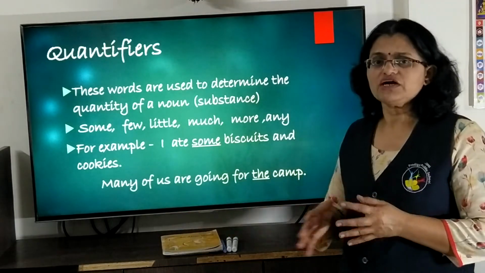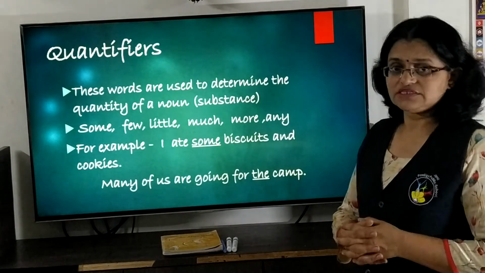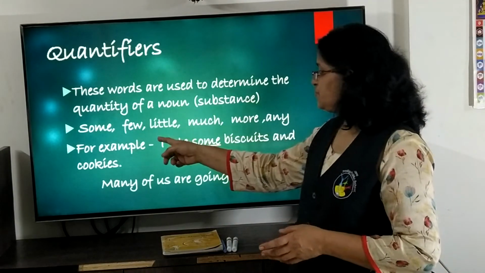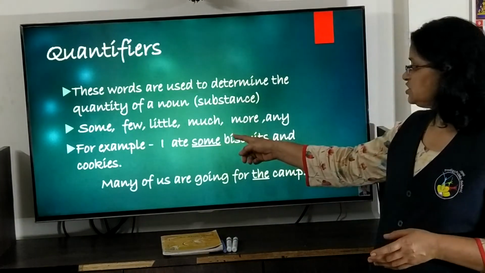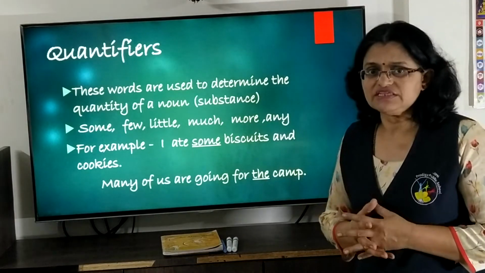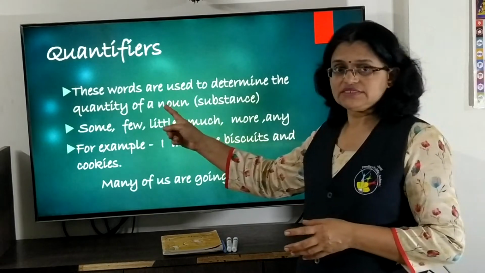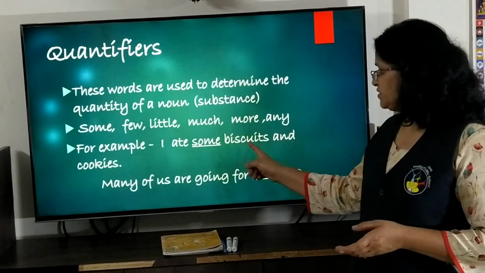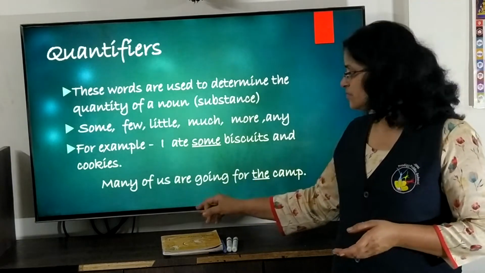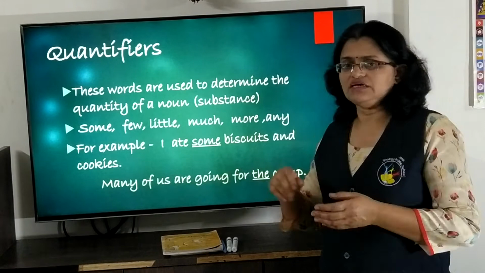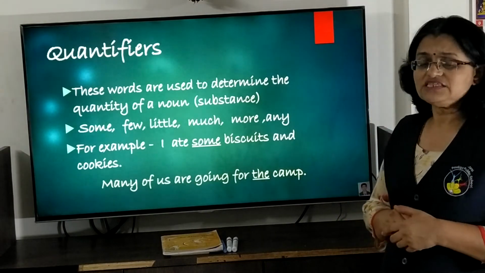So these also function as determiners. Here: some, few, little, much, more, any. These are some of the examples of quantifiers. The example is, I ate some biscuits and cookies. Many of us are going for the camp. Many is here the determiner, that is, a quantifier.